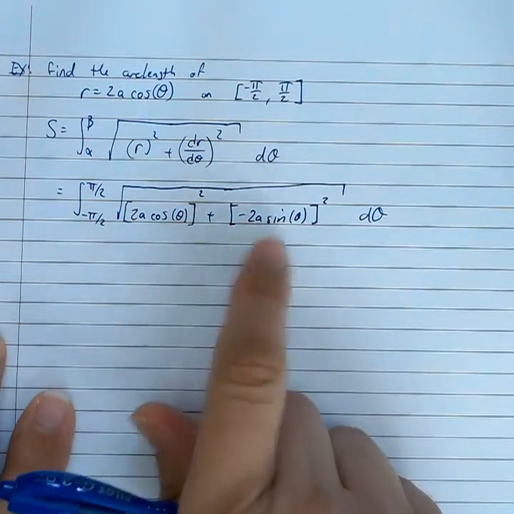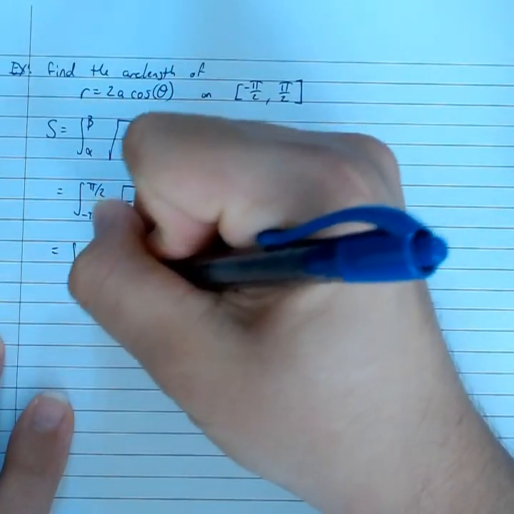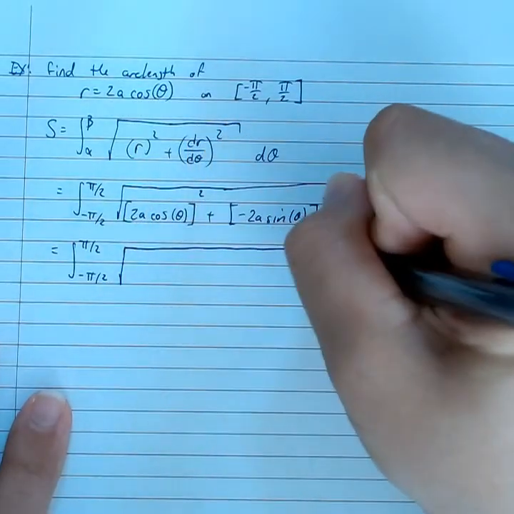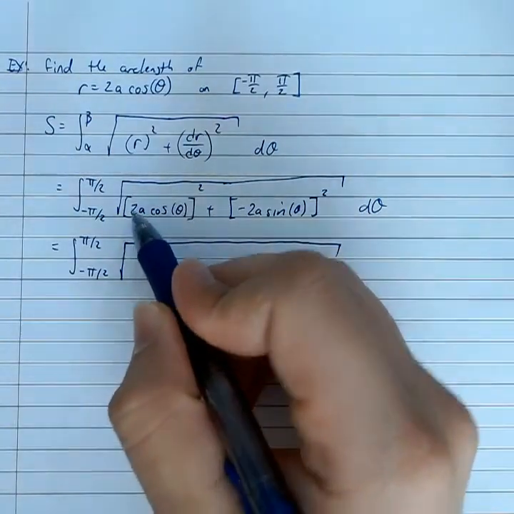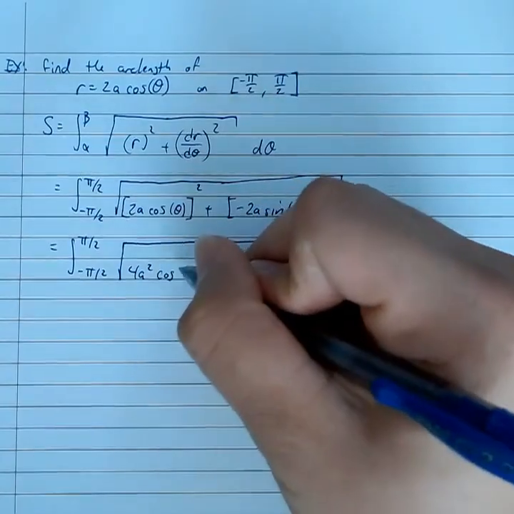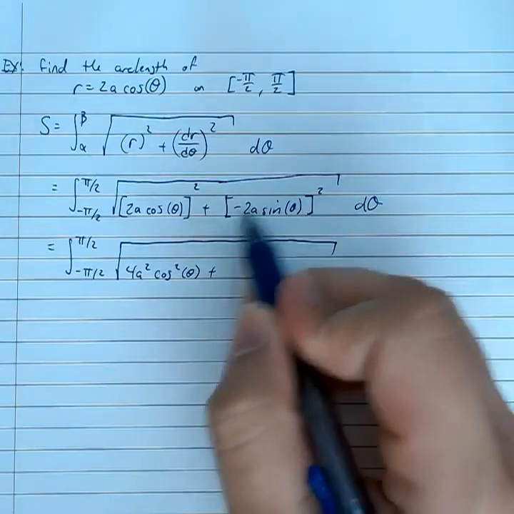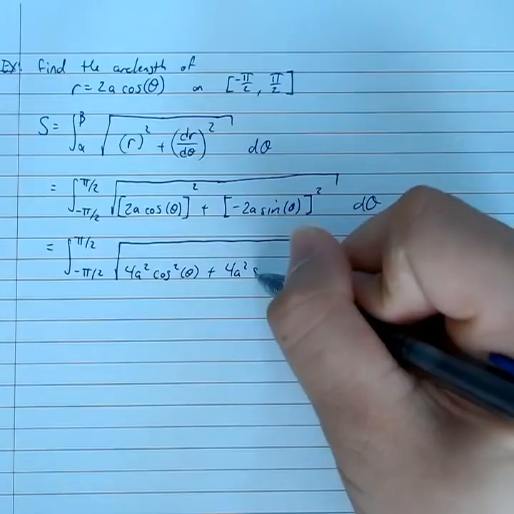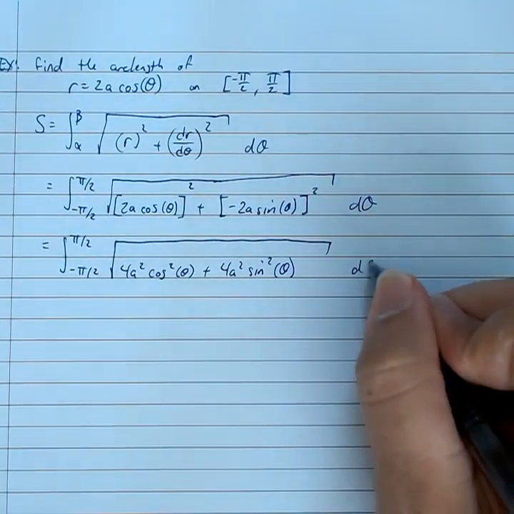Okay, so now we can go ahead and take each of these and square them. So that's going to be the integral from minus pi over 2 to pi over 2 of the square root of, well, let's see. If we square each of these things, that's going to be 4a squared times the cosine squared of theta plus, here, the double negative will cancel out, so that'll be positive 4a squared times the sine squared of theta, all under a square root d theta.